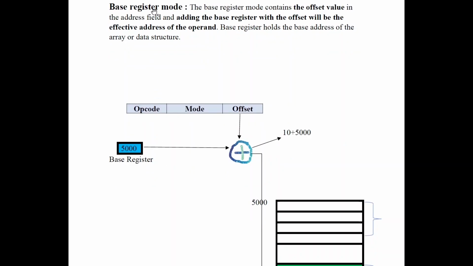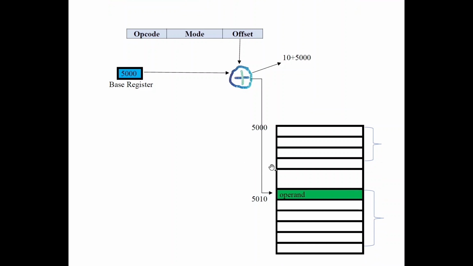The name itself suggests that this base register mode contains the starting address, that is the base address, inside a base register, and then we are adding the offset value together, and we are calculating the effective address. Suppose here the base address is 5000 and we are adding 10 with it, and we are getting 5010. So 5010 in the memory is holding the operand.